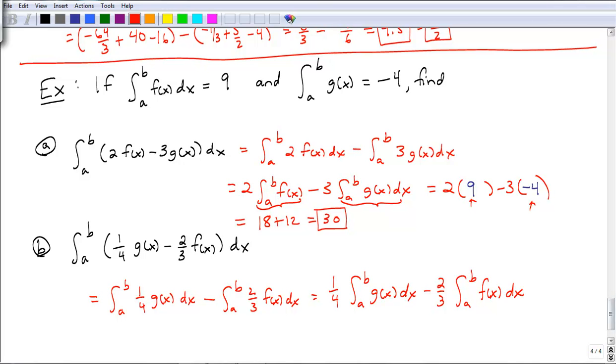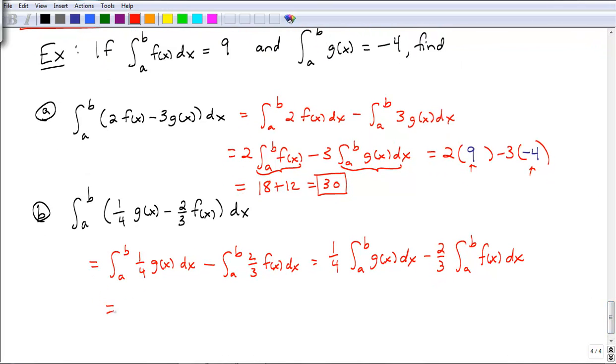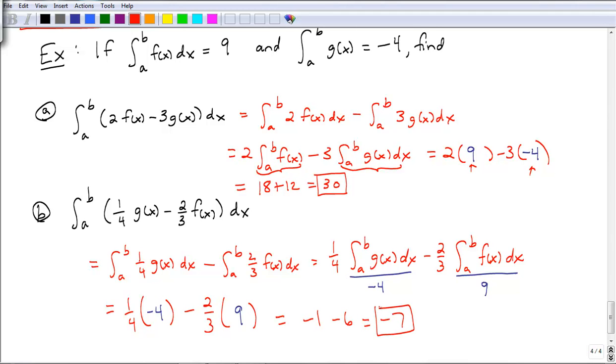But the integral of g of x is negative 4. And the integral of f of x is 9. Notice I replace this with a negative 4, and I replace that with a 9. So I work this out, and I get negative 1 minus 6, which is negative 7. So the area under that curve is negative 7.